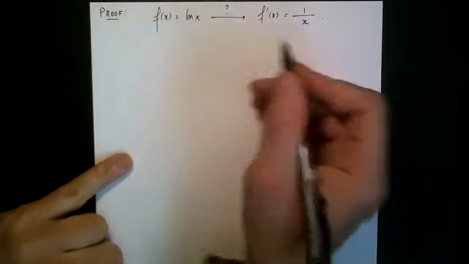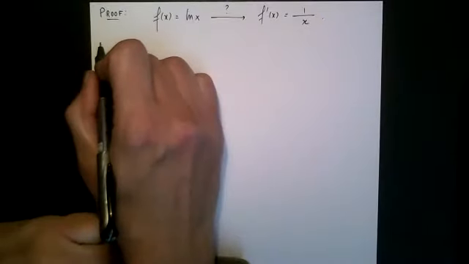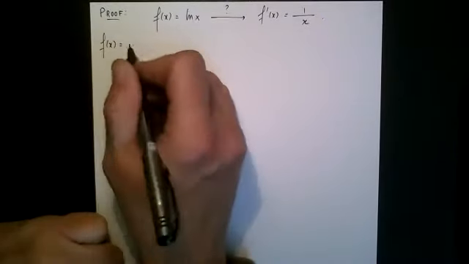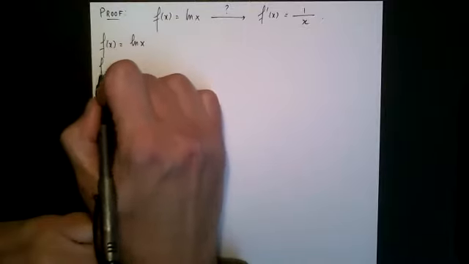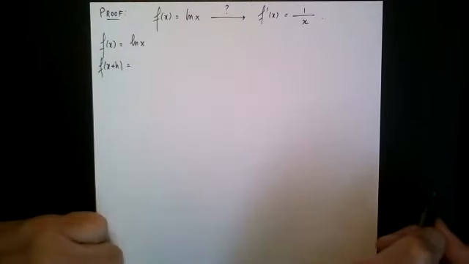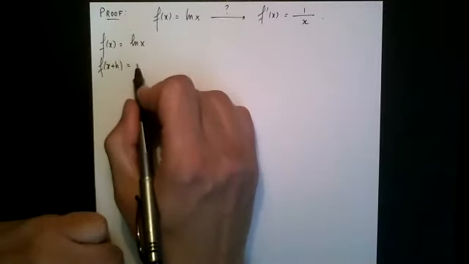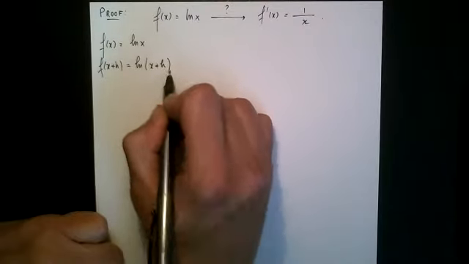So let's start. I'm going to use the limit definition of the derivative. So f of x is equal to ln of x. So f of x plus h is what? Ln of x plus h.